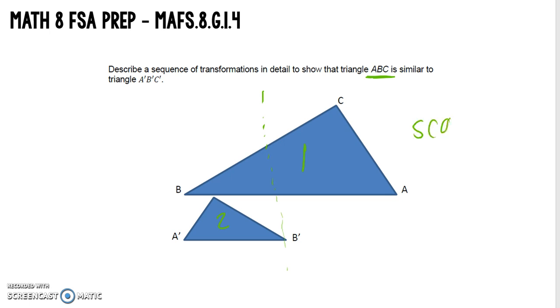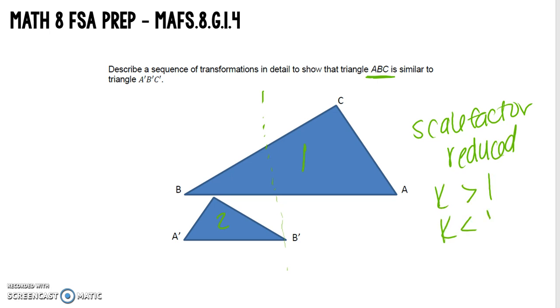I want to remind you guys of scale factor. Did this enlarge or did it reduce? Well, it definitely reduced. So would that scale factor be greater than 1 or less than 1? If it reduced, remember we're looking at a scale factor that is less than 1.